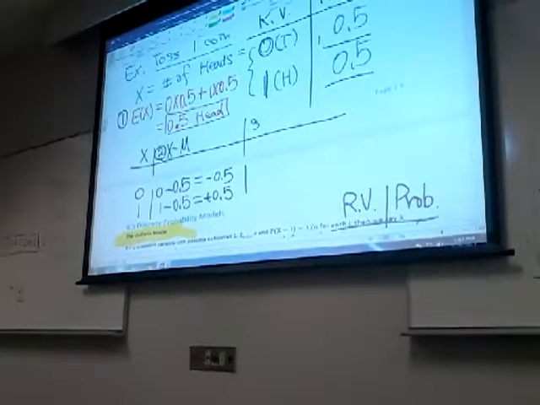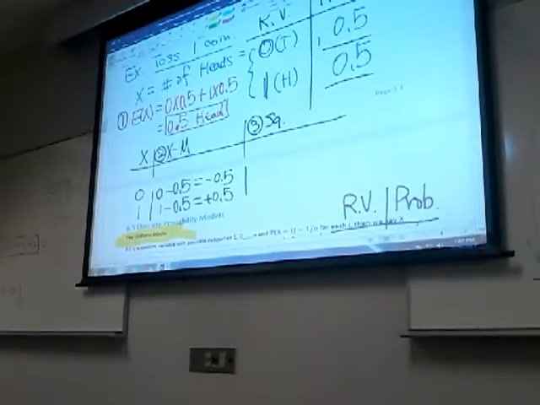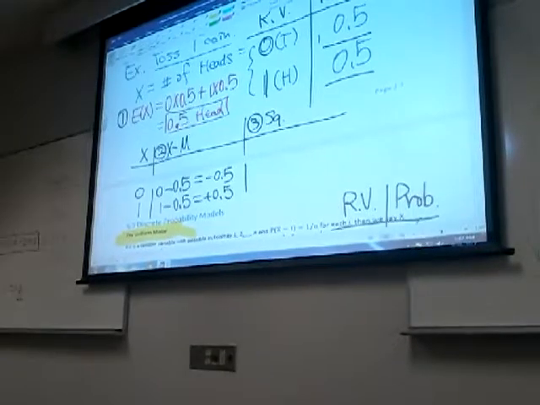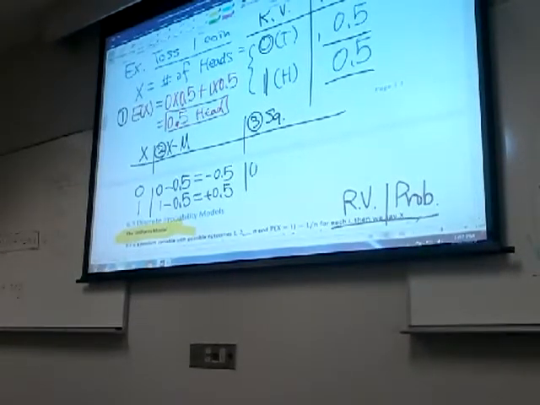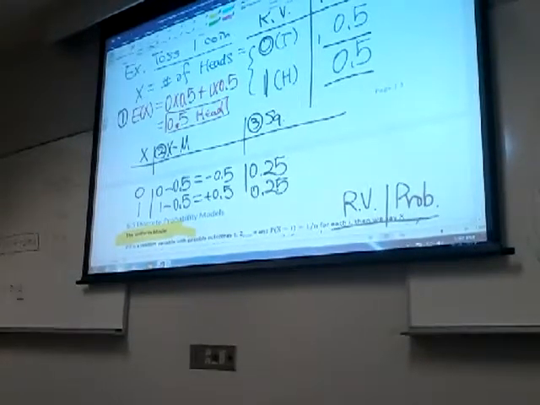Step number 3, we took the square. What will be negative 0.5 squared? 0.25. Thank you. Positive 0.25 and 0.25.